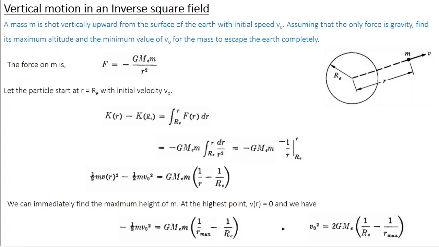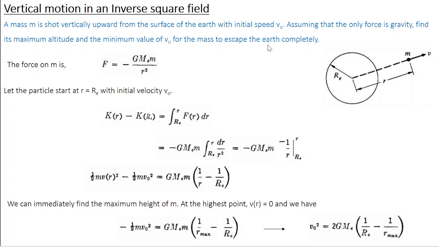Vertical motion in an inverse square field. A mass m is shot vertically upward from the surface of Earth with initial speed v0. Assuming that the only force is gravity, find its maximum altitude. Also calculate the minimum value of v0 for the mass to escape from the surface of Earth completely.